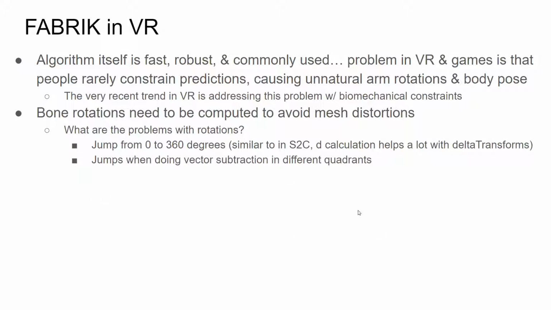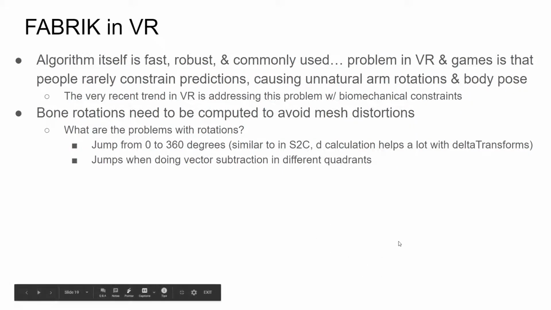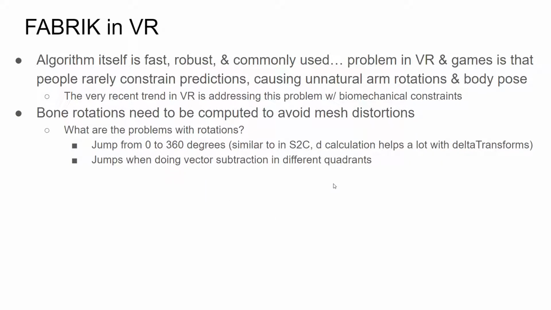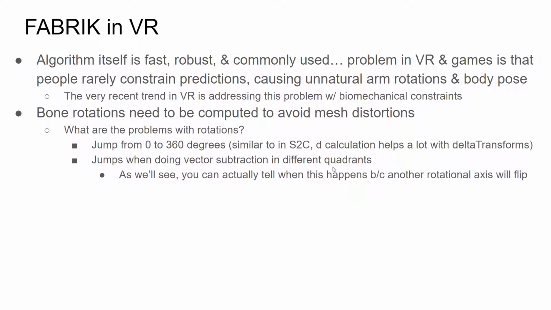There are also jumps that you get. For those of you who are more geometrically inclined, you'll know that when you do vector subtraction in one quadrant versus another, the value might change. Some things like cross product can switch signs. We might see an example, but usually when this happens, you can tell because another rotation will flip.